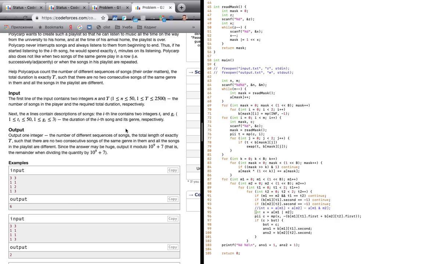We can calculate this DP for the first and second genre, and independently just for the third, and then since we know exactly what duration we want, we can brute force over how many songs there will be from each of the genres, and the total duration of songs for the third genre.